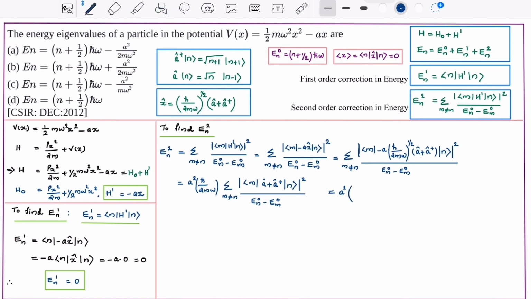Then En2 is a square h bar by 2m omega, then inside the summation, <m|a|n> plus <m|a dagger|n>, whole square divided by En0 minus Em0.